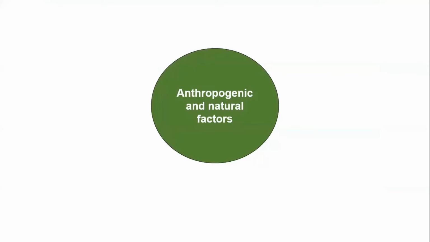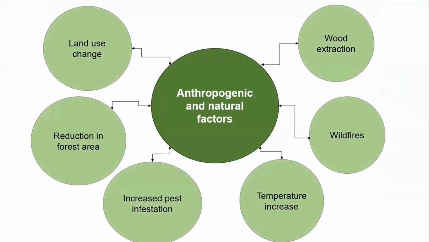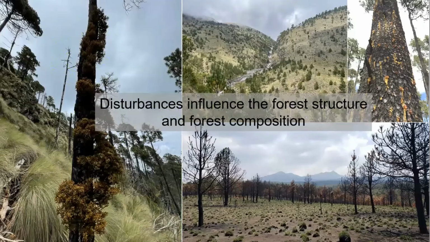Well, these forests obviously have many problems, especially with anthropogenic and natural factors of disturbance, like land use change, reduction in forest area, increased pest infestation, increase of temperature, wildfires, and wood extraction. This disturbance has influenced the forest structure and forest composition.